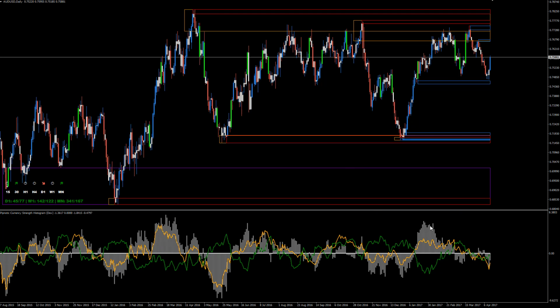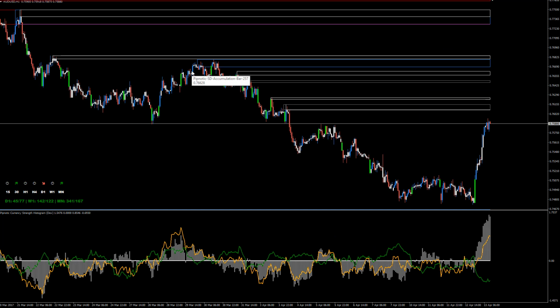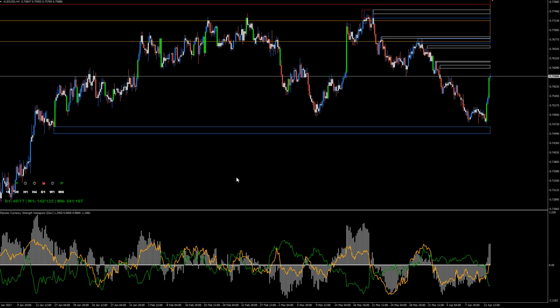You can position yourself in relation to the strength information on this chart, and you can take your entries on the 1 hour chart using either divergence or just trading vanilla supply and demand. So it's a tremendous tool, and I think that presenting the information in this way will make it much easier to understand exactly what's going on behind the scenes.